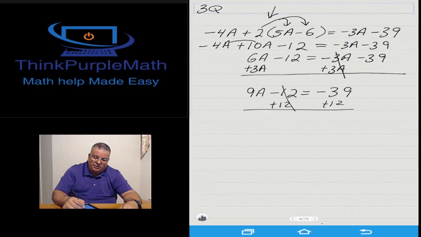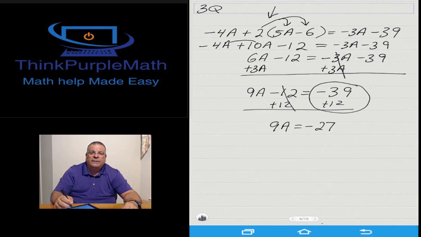The next step in the logical sequence, 9a. When I have a negative 39 added to a 12, that would give me a negative 27. And we're almost through with this problem. Divide each side by 9. A is equal to negative 3.